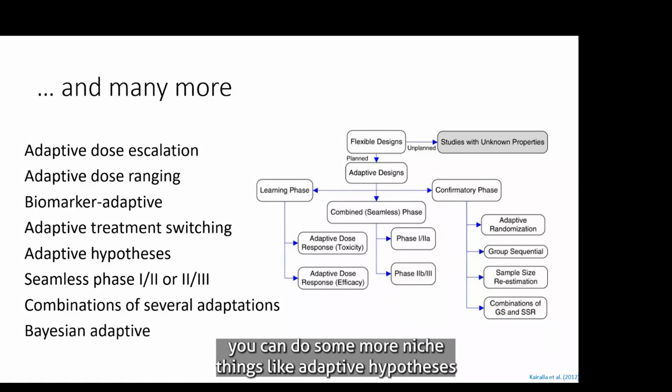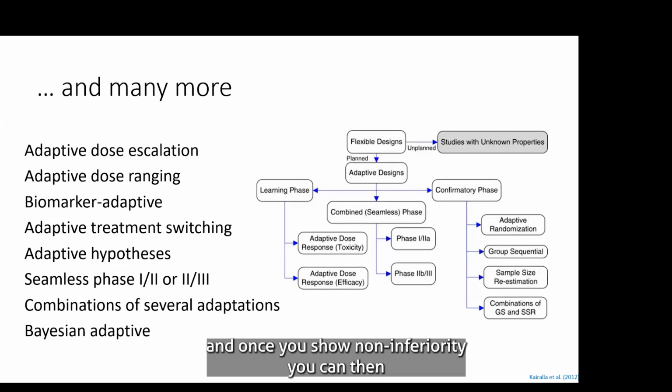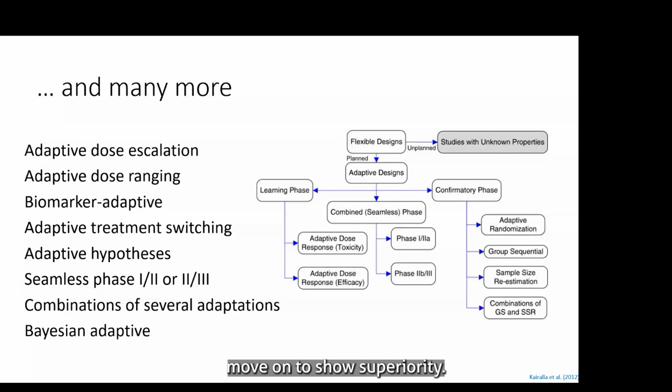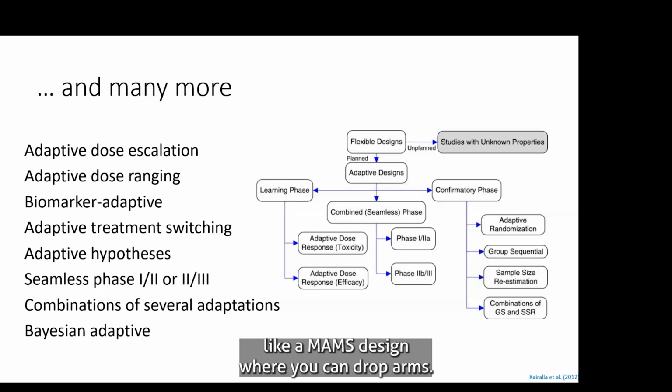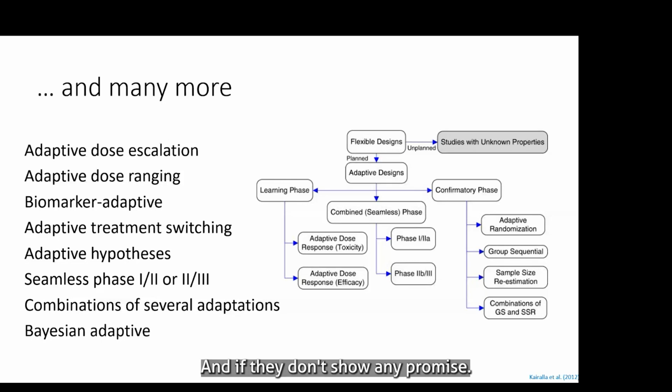You can do some more niche things like adaptive hypothesis, where, for example, you start with a non-inferiority hypothesis, and once you show non-inferiority, you can then move on to show superiority. You can combine different adaptations in the same design, and that's sometimes a good idea. So you might have something that allows you to stop arms early, like a MAMS design, where you can drop arms early if they don't show any promise.